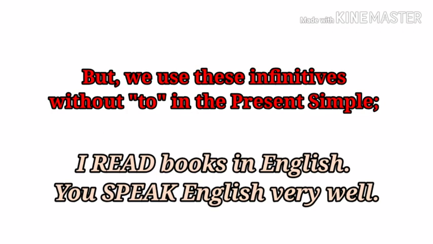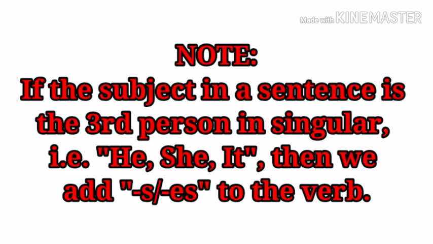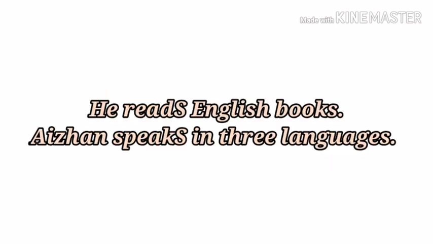For example, I read books in English, you speak English very well. But note, if the subject in a sentence is a third person singular, it is he, she, it, then we add s or es to the verb. Here is the example. He reads English books. Aishan speaks 3 languages.